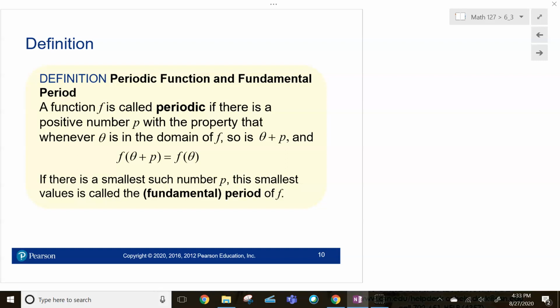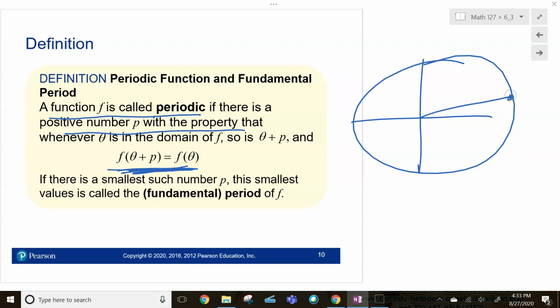And this definition here is just saying, if you've got a function that's periodic, there's some number p such that this property holds. So again, with the sine and the cosine, your period is 2 pi, whereas with the tangent, your period is actually only pi. Let me give you an example.